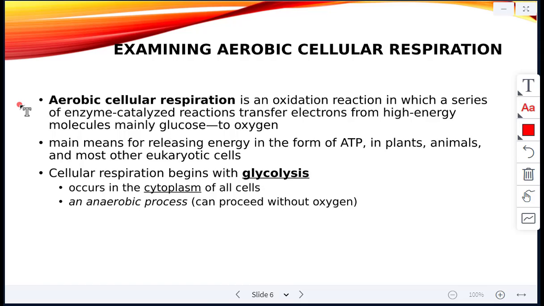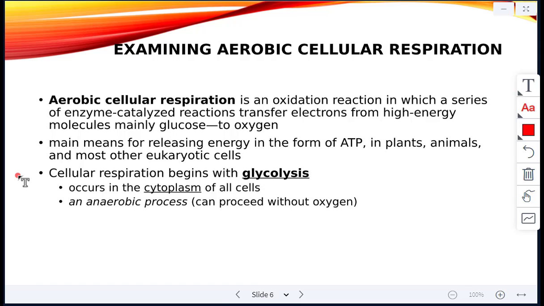There's going to be a series of enzyme catalyzed reactions which transfer electrons from high energy molecules, mainly glucose, to oxygen. It's the main method for releasing energy in the form of ATP in plants, animals, and most other eukaryotic cells. And it begins with glycolysis.